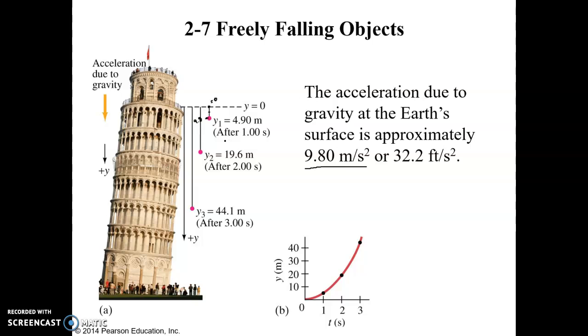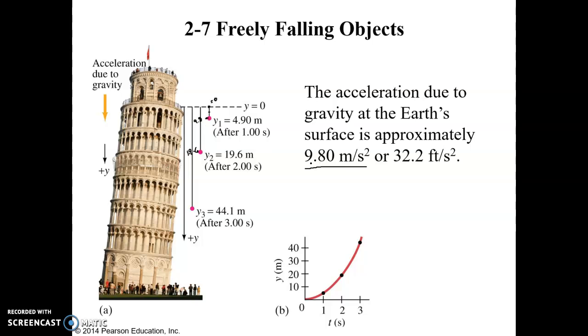Okay, and then after another second, the velocity will increase or accelerate from 9.8. It'll go up another 9.8. And so after 2 seconds, the velocity is going to be 19.6. And so the average velocity in that 2-second interval is 9.8.